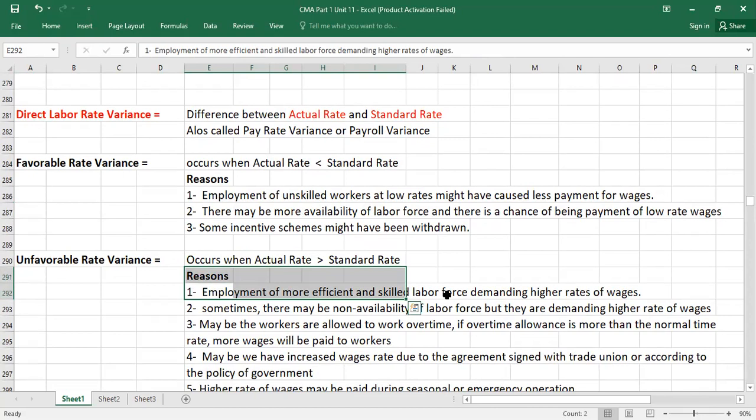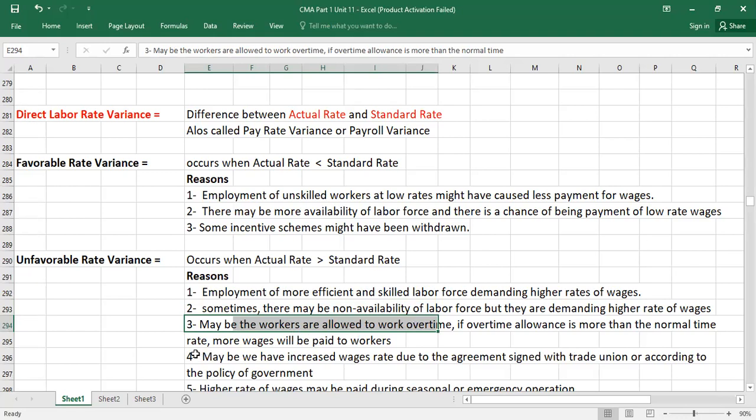The second reason may be that sometimes there may be a non-availability of labor force, but they are demanding a higher rate of wages. As we know, if there is a shortage of anything, prices go up. The third is maybe the workers are allowed to work overtime. If overtime allowance is more than the normal time rate, more wages will be paid to the workers, and this could result in unfavorable rate variance.